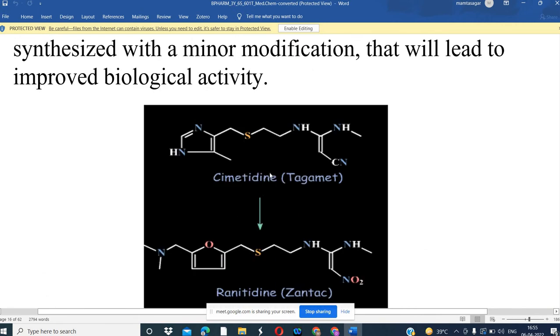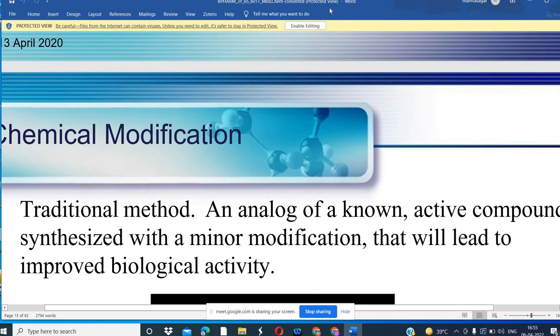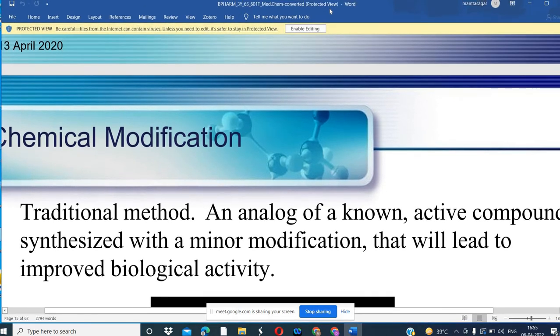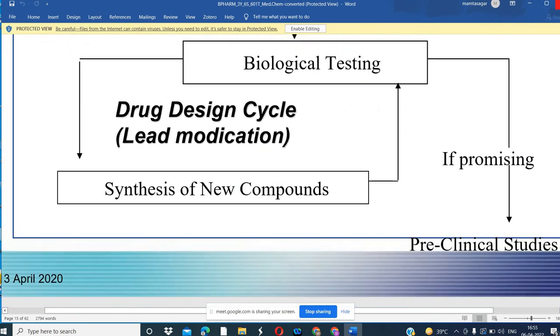Have you understood this? Chemical modifications. Are you all here? Yes, ma'am.